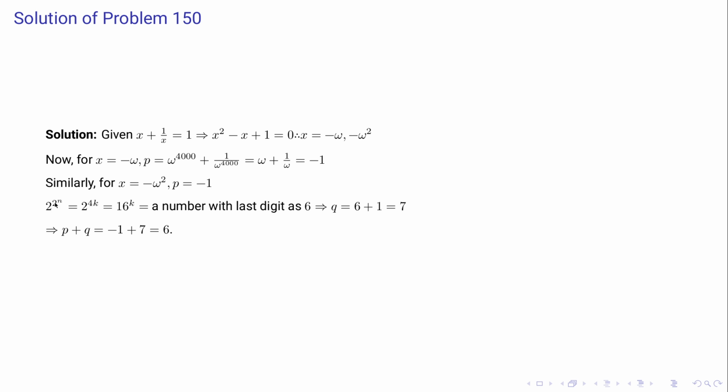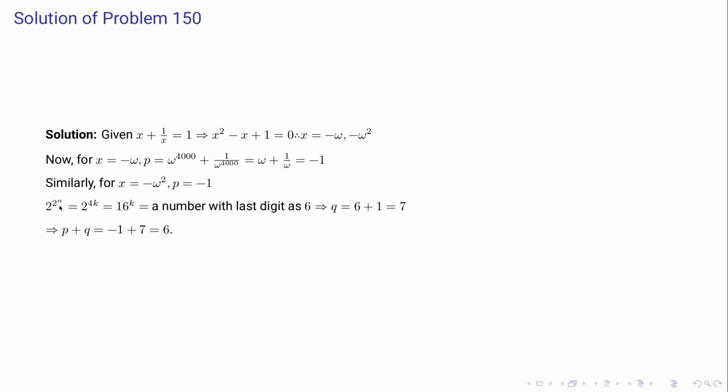Now 2 to the power n is equal to 2 to the power 4k, because 2 to the power 2 will be 4, so we substitute this as 4k. Or in other words, since n is greater than 1, we take one 2 out, so 2 into 2 to the power 4n.